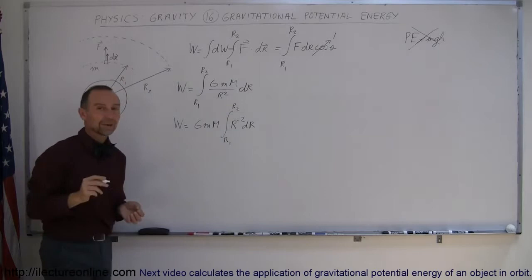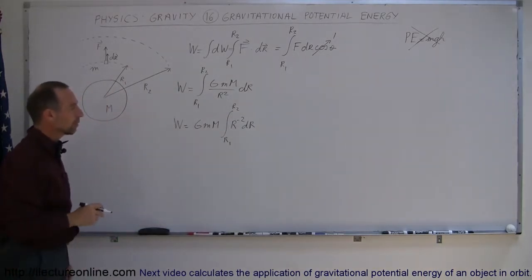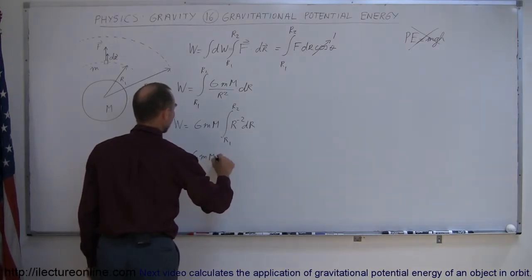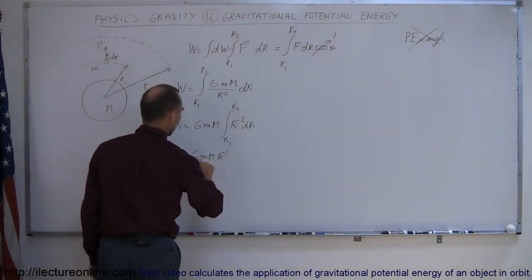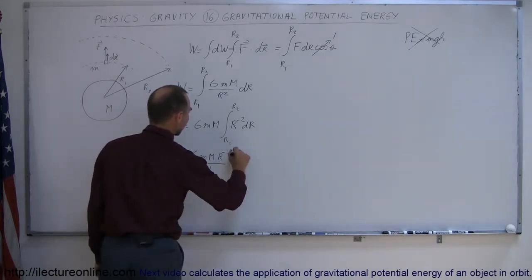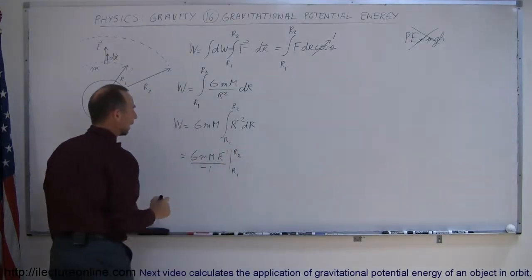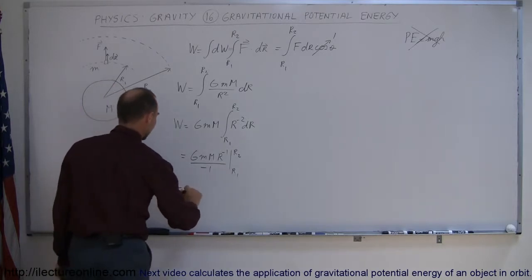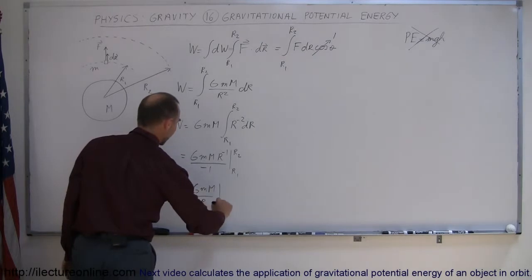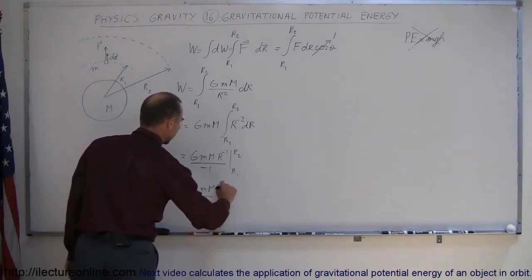And now we can go ahead and integrate that. So the integral of R to the minus 2 is equal to G m big M times R to the minus 1 divided by the new exponent, minus 1. And of course, evaluate from R1 to R2, and then rearranging that a little bit is equal to minus G m big M over R, evaluated from R1 to R2.